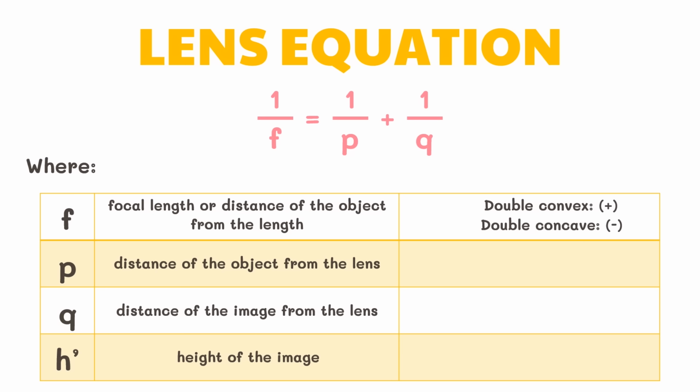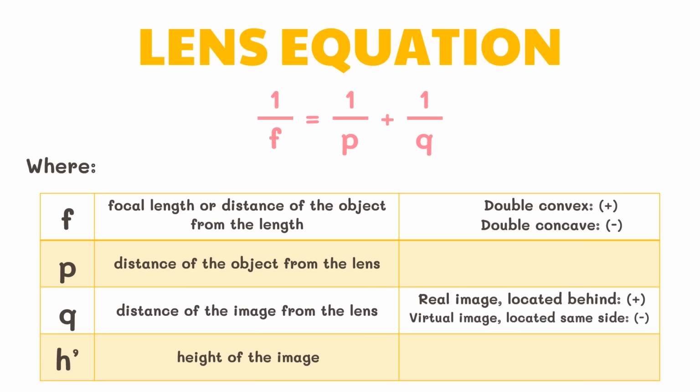Distance of the image from the lens is positive if the image is real and located behind the lens, and negative if the image is virtual and located on the object side of the lens. Take note that the location of the image is also opposite in mirrors. Lastly, the height of the image is positive if the image is upright, and negative if the image is inverted. The steps in solving lens problems are the same as those in mirror problems.